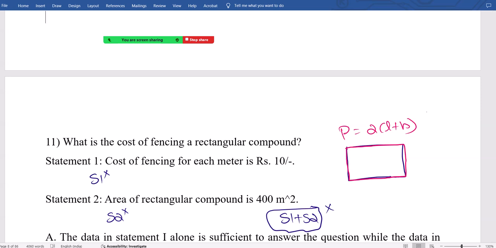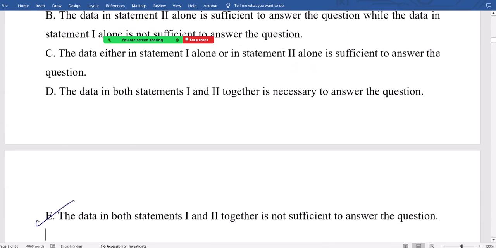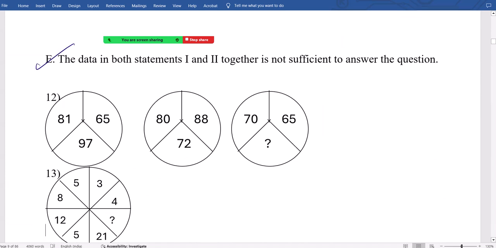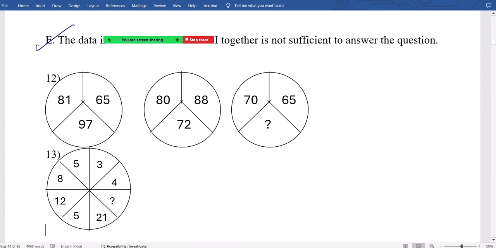Now let's see the next one. This one is 12, then we'll see 13. The 12th question, what is given? Inserting the missing character.